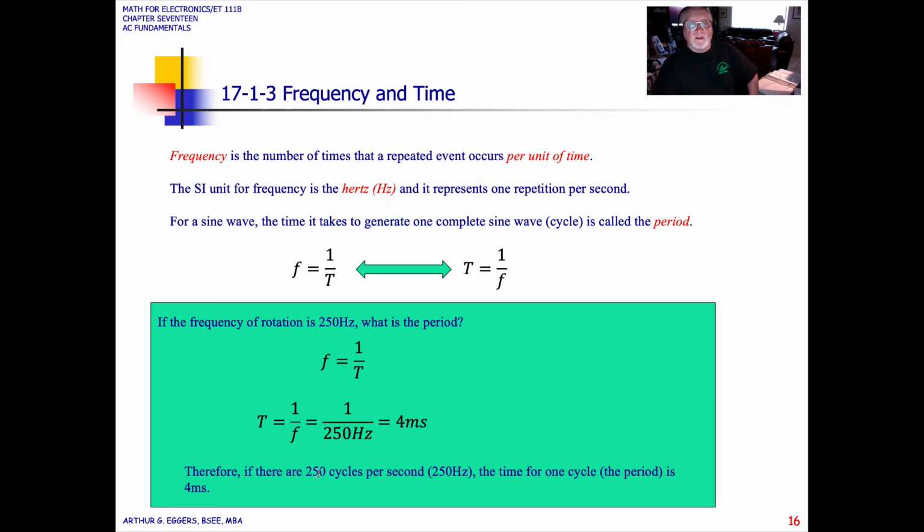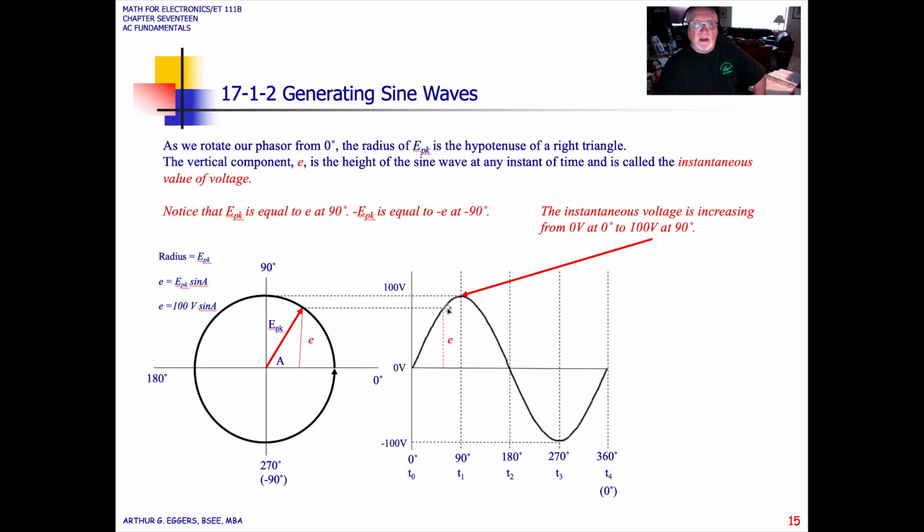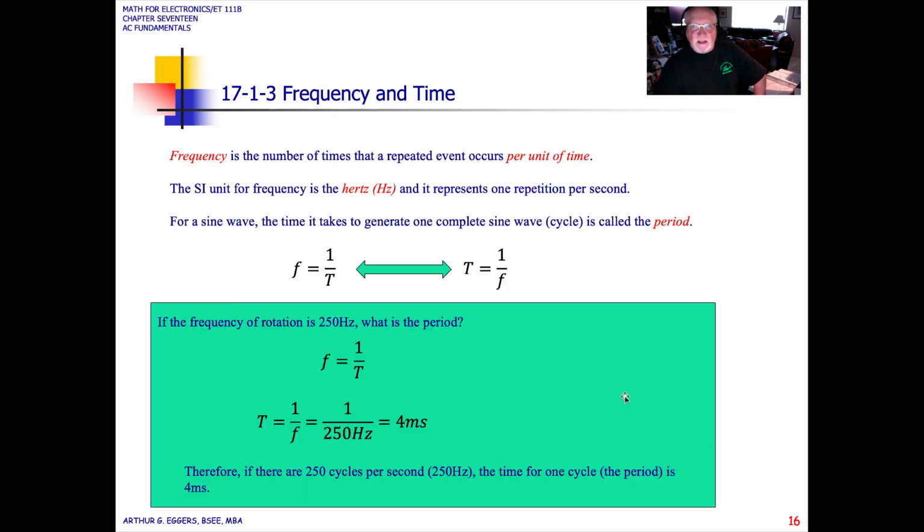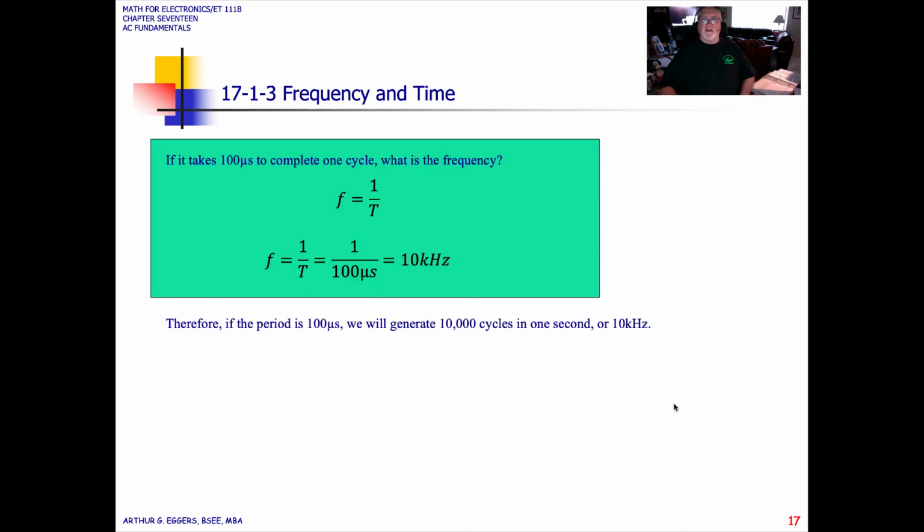Therefore, if 250 cycles per second occur, the time for one cycle is 4 milliseconds. So that's how long it would take for it to go through this one cycle, and then 2 pi, or 360 degrees later, it does it again, and again, as long as you have power applied.